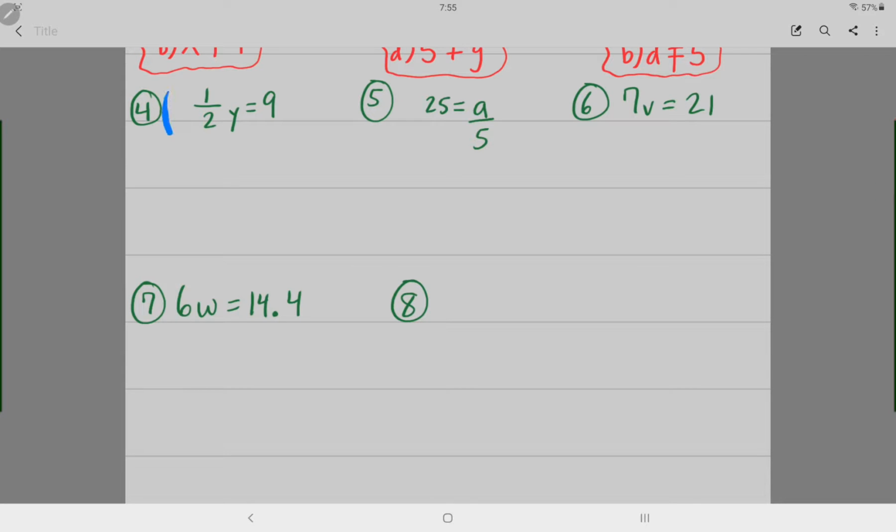So I'm going to multiply by 2 over 1. The other side as well. 2 over 1.